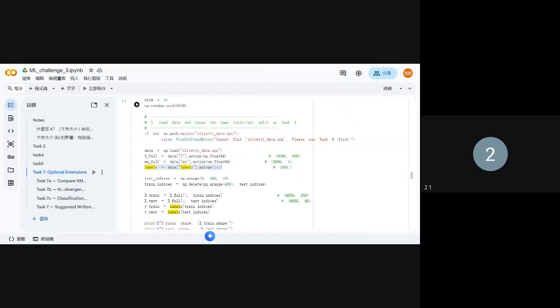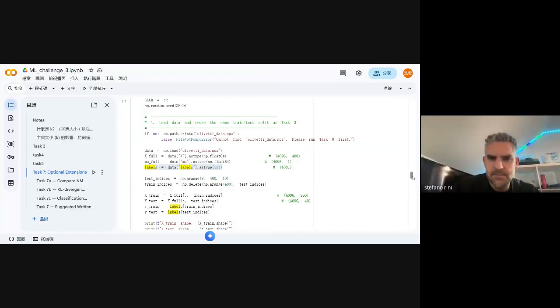Good. So is it the subject ID? Because if you load it like this, it's the subject. Again, this is an image, right? Here you're just plotting an image. Okay, no, that's the. I think it's the.